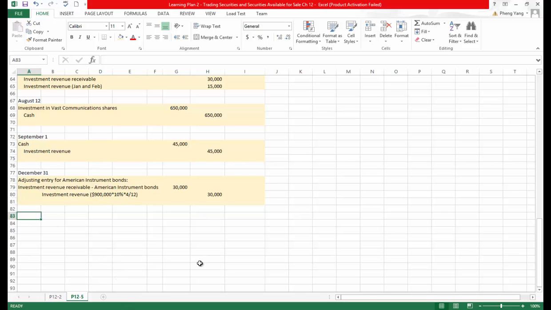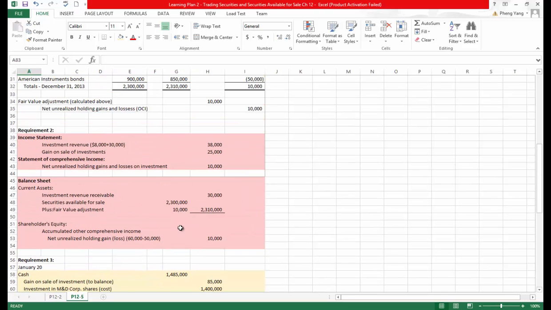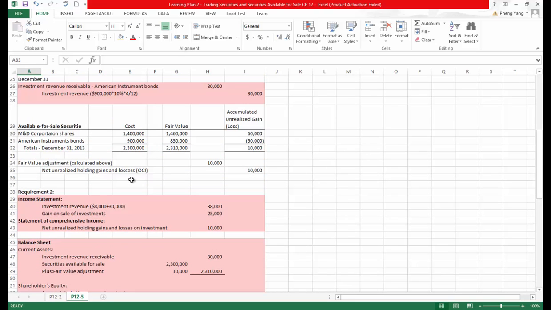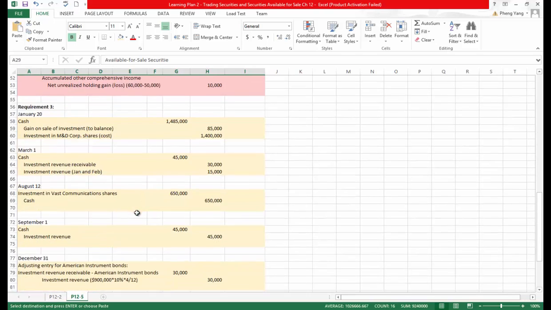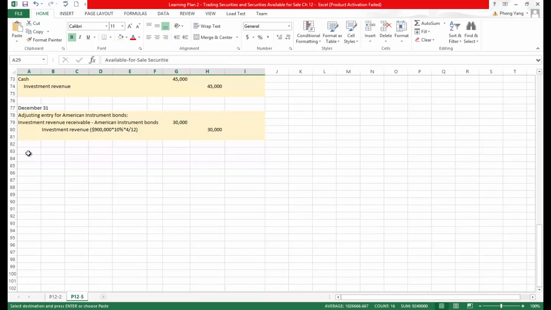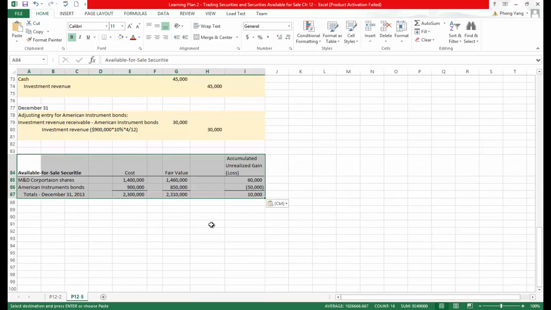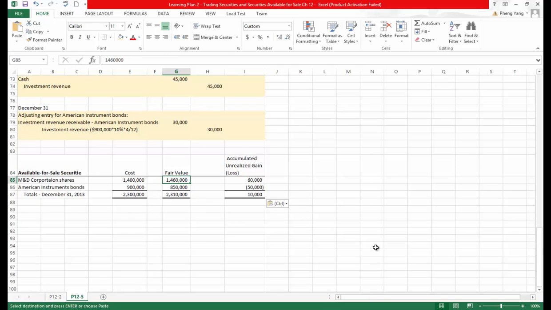All right. And then once again, we have to do the same thing right here. So what I'm going to do is copy this down. But the names are going to change for the securities.